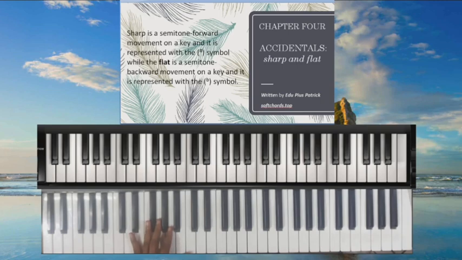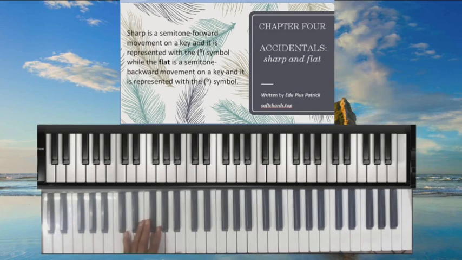Now, what is sharp and what is flat? Sharp is a semitone forward movement on a key, and it is represented with a hash symbol, while flat is a semitone backward movement on a key, and it is represented with the flat symbol, that is the small letter b.